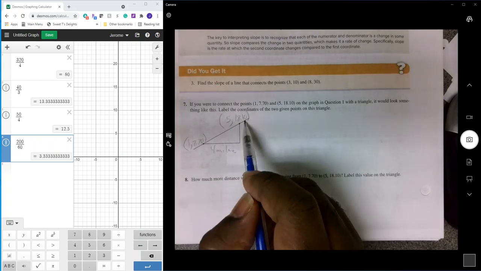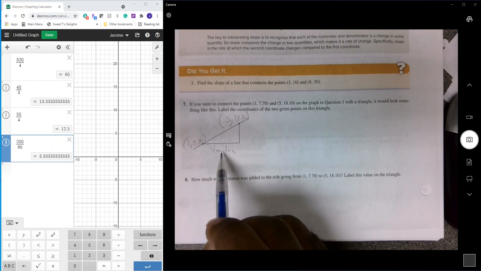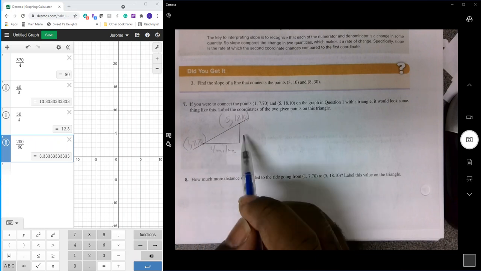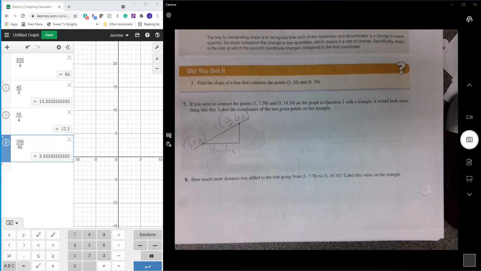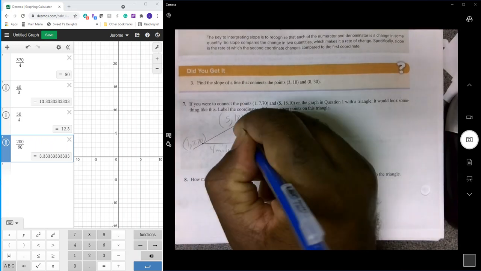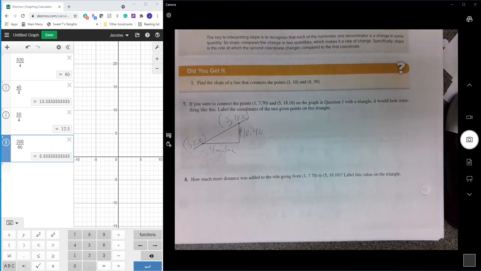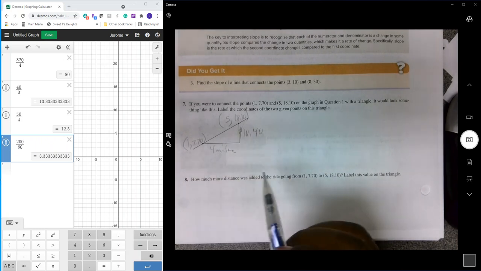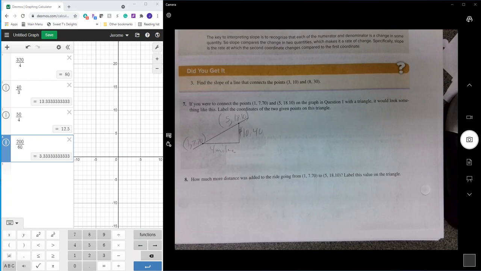And 18.10, well, first of all, since it's 4 miles, then what we would have to write is the value at 4 miles. So 4 miles would be $10.40. All right. Now, or we could have just, well, no, subtracting wouldn't have worked. But at 4 miles, it would be $10.40.